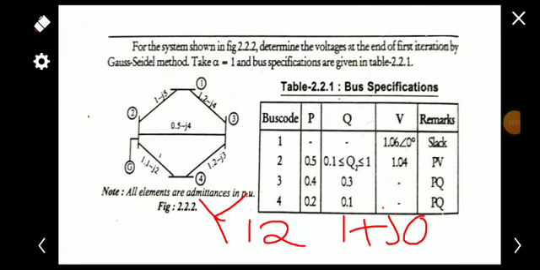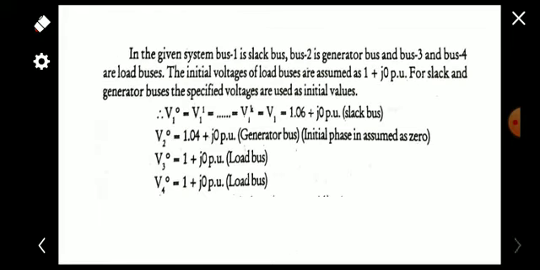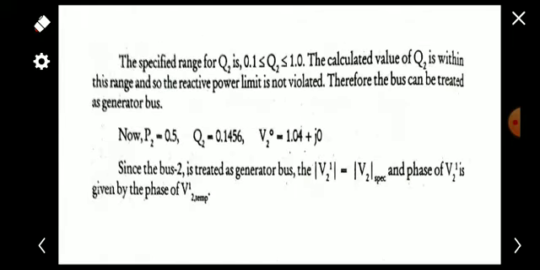Since bus 2 is treated as a generator bus, the voltage value is specified in the question itself. That is, the voltage here is 1.04, but the angle is not specified. For the generator bus the angle is not specified, so we have to find that angle also.